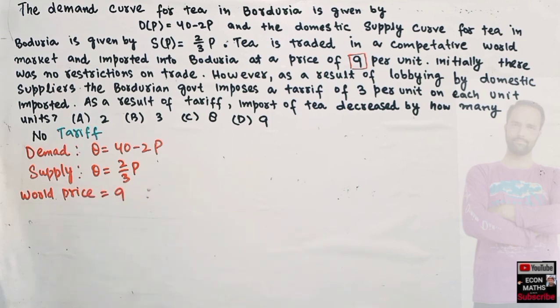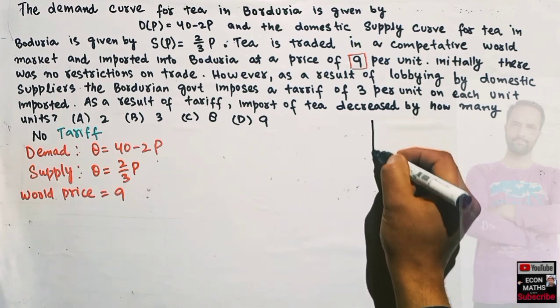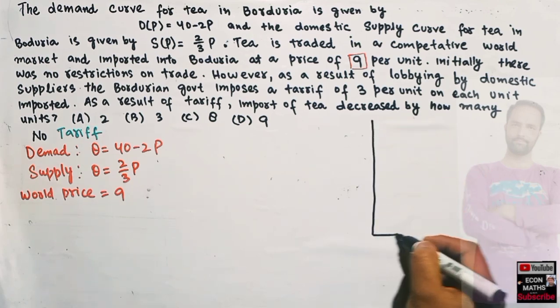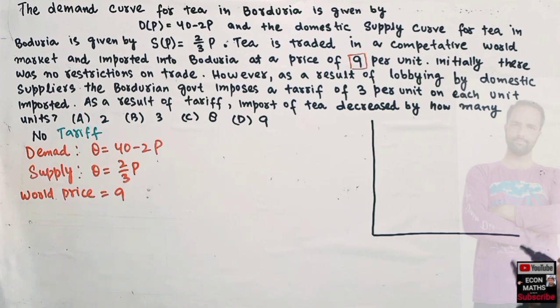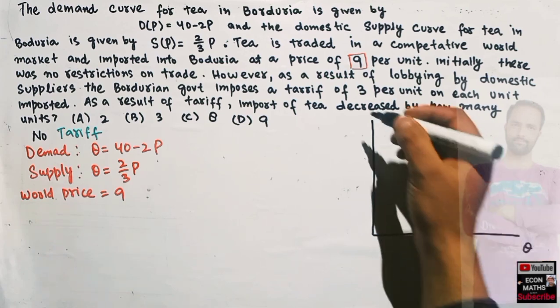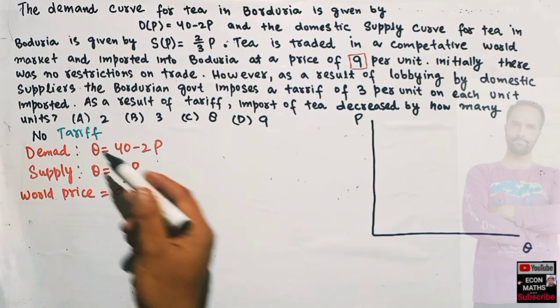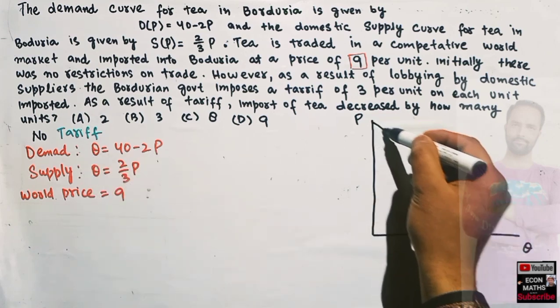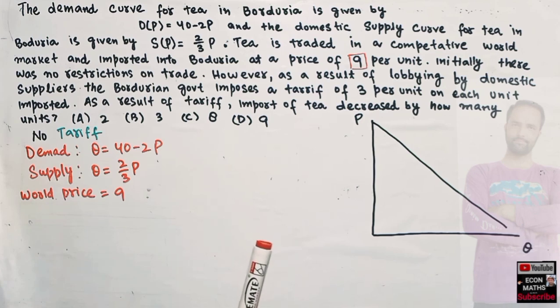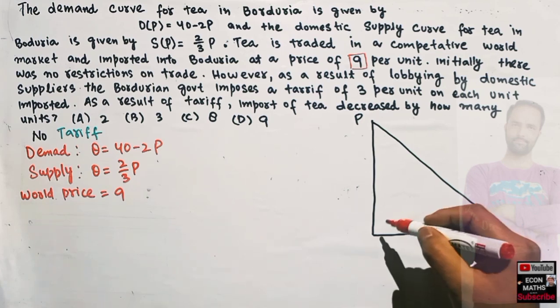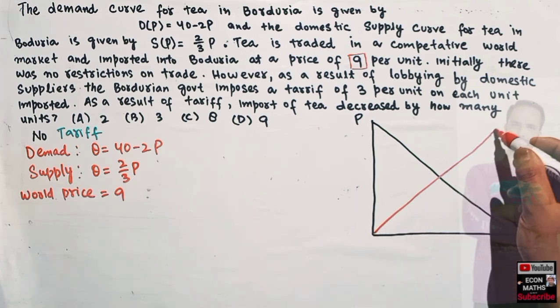Let us draw the graph to make it make more sense. We have quantity and here we have the price. Now we have this demand function, this is our demand for tea and this is our supply for tea.